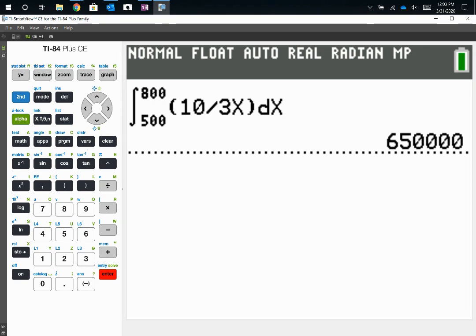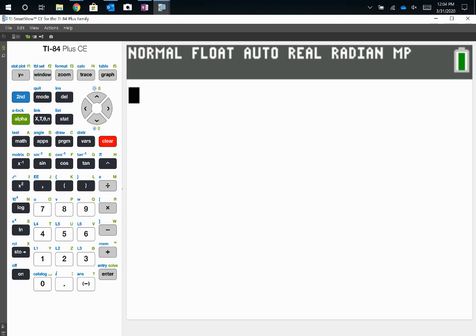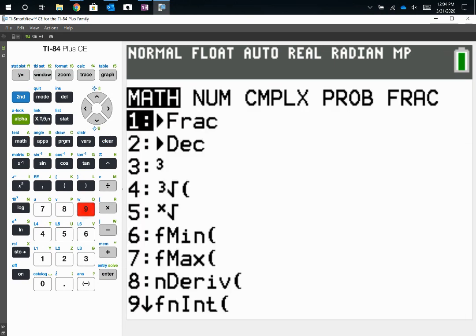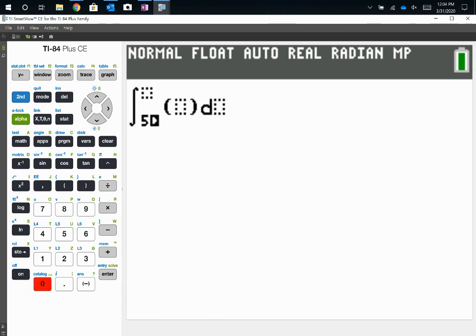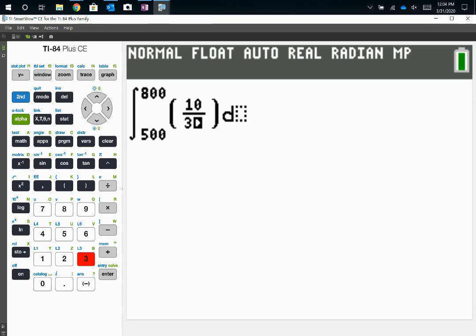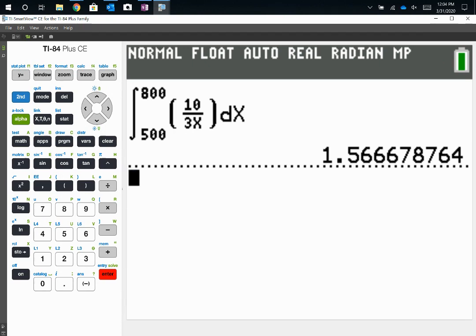Yep, I input this incorrectly. I'm sorry. This is math 9, 500, 800. Use the fraction bar here because if not, you're going to get an incorrect answer. This is 10 over 3x dx, or use parentheses instead. So this is 1.57 to 2 decimal places, which is the correct answer.